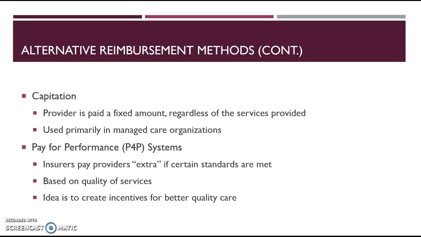So the idea is that you're creating incentives for better quality care, which is more expensive in the short term, but the goal is really looking at the long term. So if we can prevent some of these long-term diagnoses and conditions and challenges, then the money is well spent in the short term, to create better quality care.